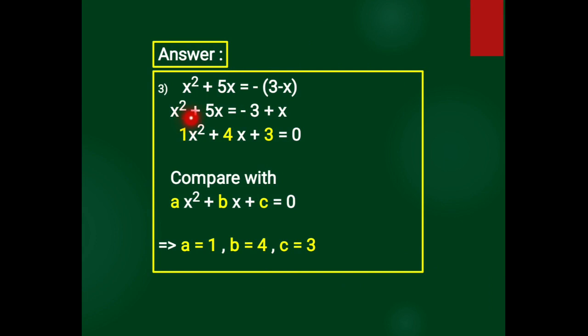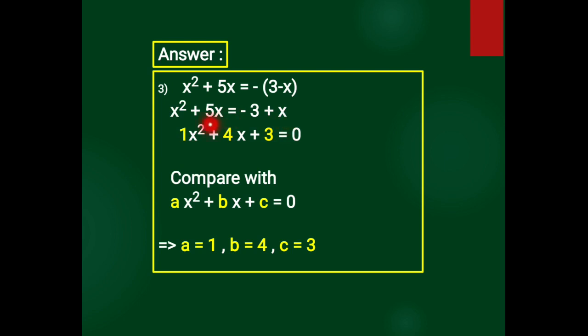Now see question number third. In the RHS a bracket is given and before the bracket the sign is negative, the sign is minus, so we multiply the bracket by this minus sign. So multiplying by the minus sign we get minus 3 minus minus, plus x. Now transfer both the terms to the left hand side, so we directly add or subtract. So see here the coefficient of x square is not given, so we consider that coefficient must be 1, so 1x square.